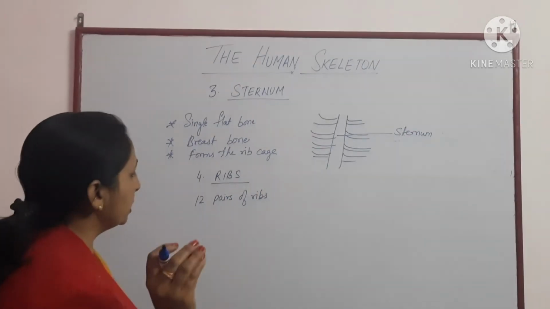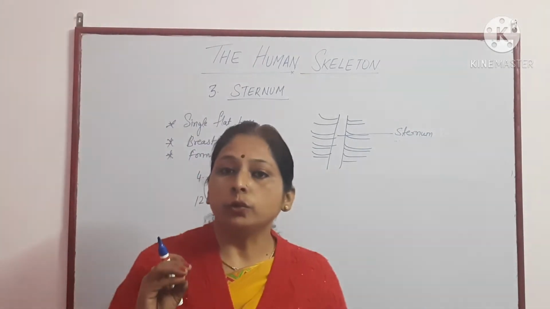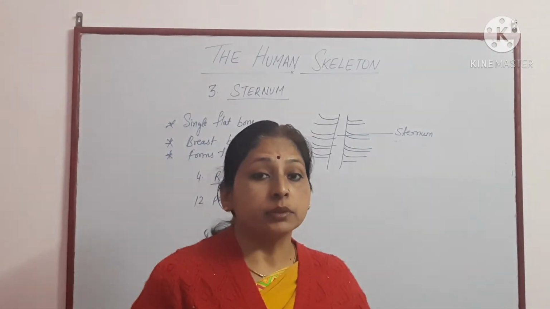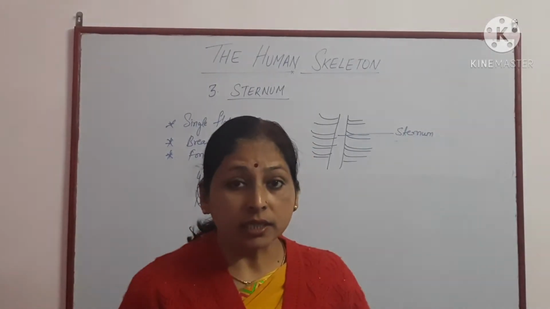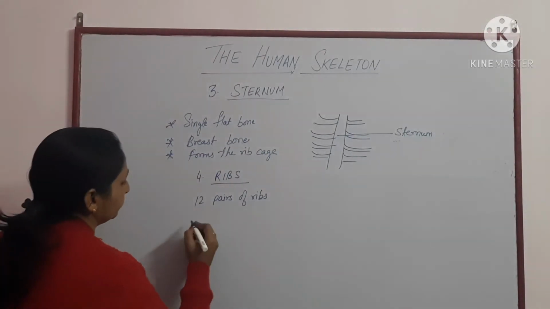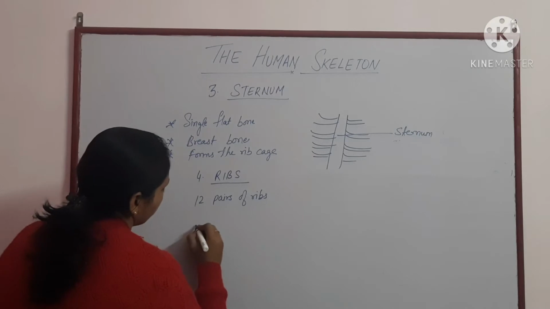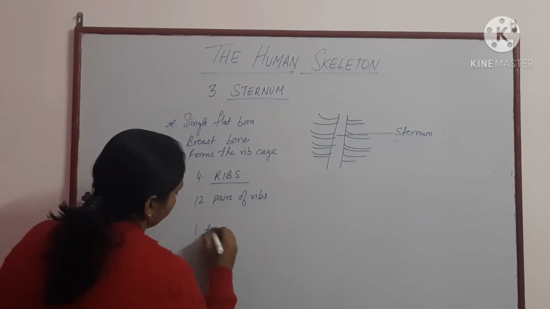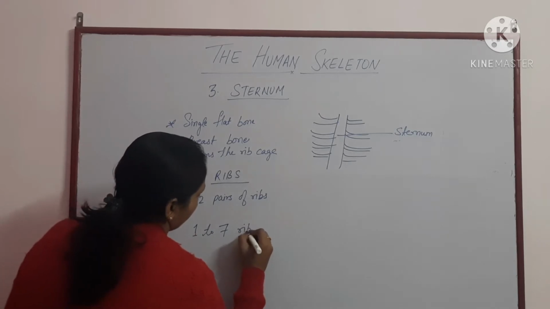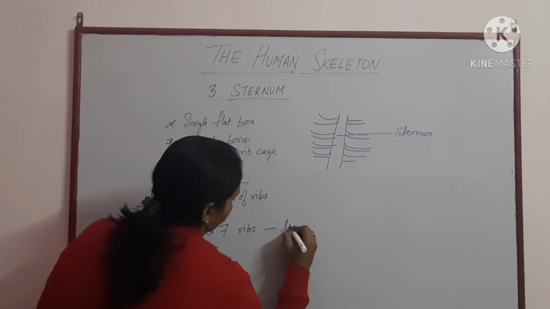Next is ribs. Number of ribs. There are total 12 pairs of ribs. 12 pairs of ribs means 12 on each side of the chest cavity, and out of this 12, the first 7, ribs 1 to 7, are termed as true ribs.